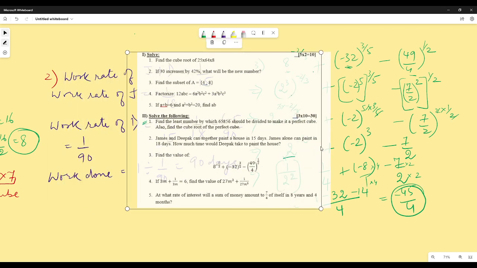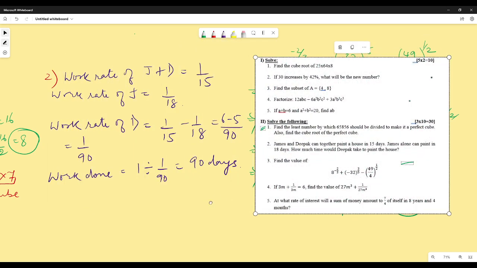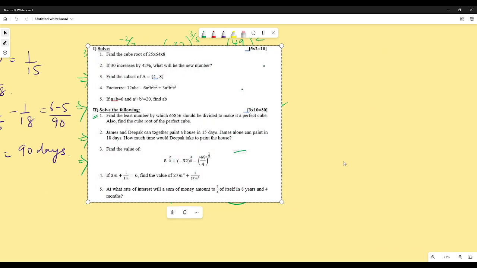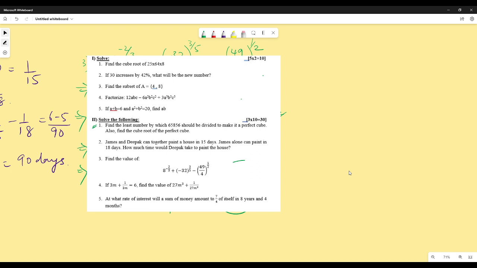Okay, so let us move it to this side and we continue to solve our next question. Alright, so the next question, again, is related to the identities.